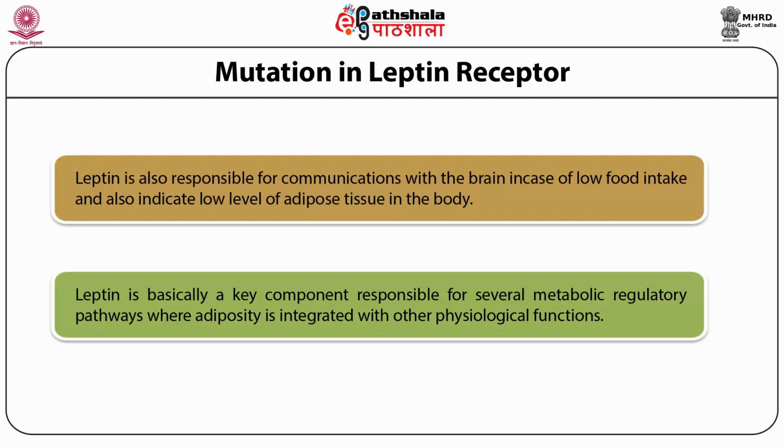Leptin is basically a key component responsible for several metabolic regulatory pathways where adiposity is integrated with other physiological functions. Leptin is associated with human reproduction in females, like onset of puberty, conception, and capacity for lactation.